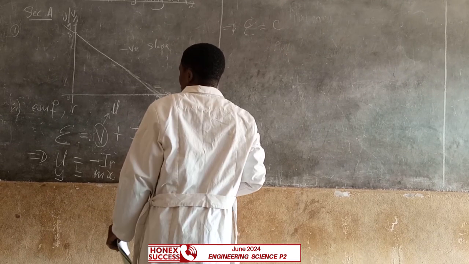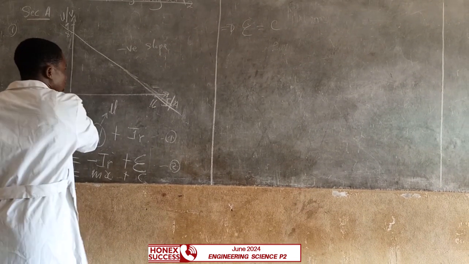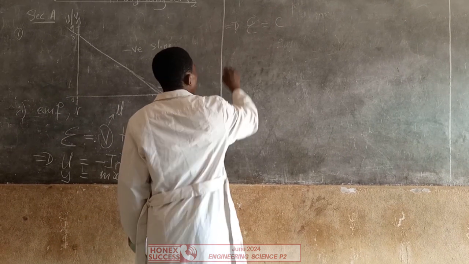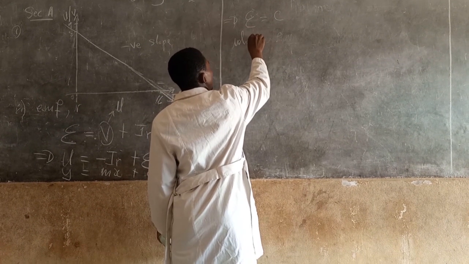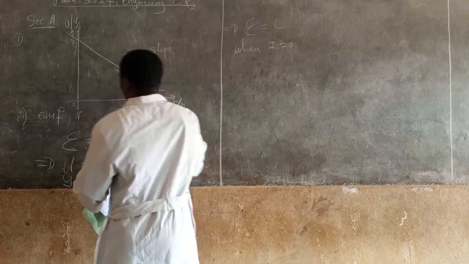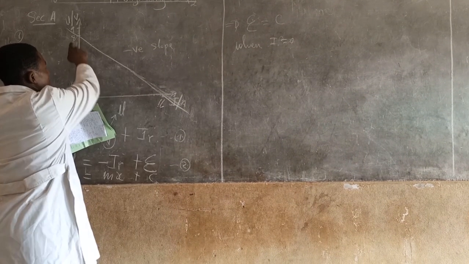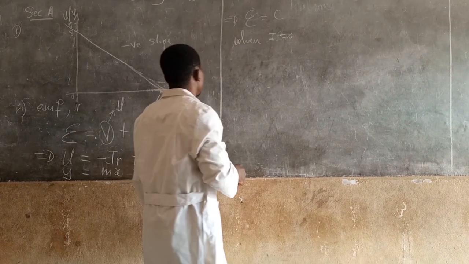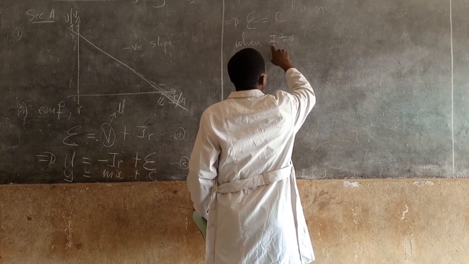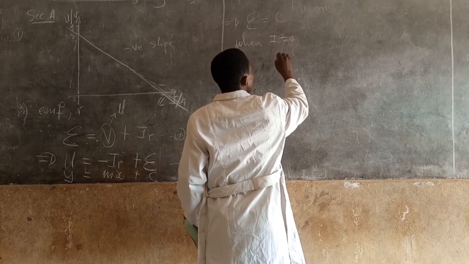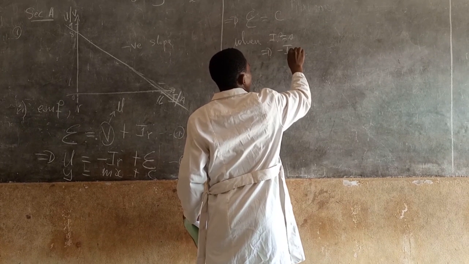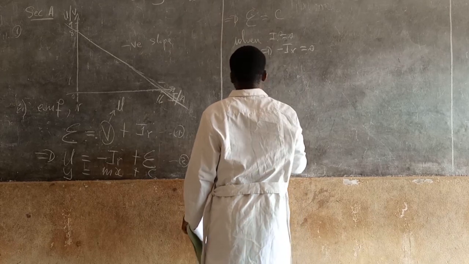When we are on the horizontal axis of the graph, when I is equal to 0, what will be the corresponding value of the terminal voltage? When I is equal to 0, it means that minus IR is also equal to 0.